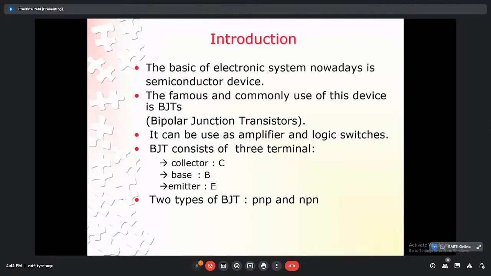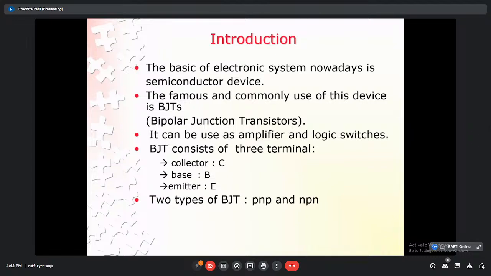If we see the basic electronic system nowadays, whatever system we see is all made up of semiconductor devices. When we talk about semiconductor devices, as I told you initially, it begins from the diode, then we move to the transistor, then the LEDs, and so many others.